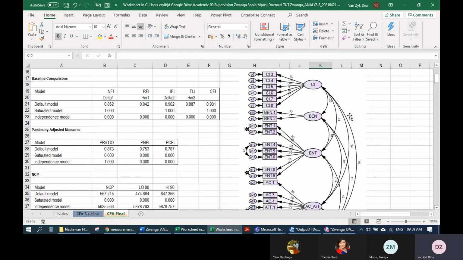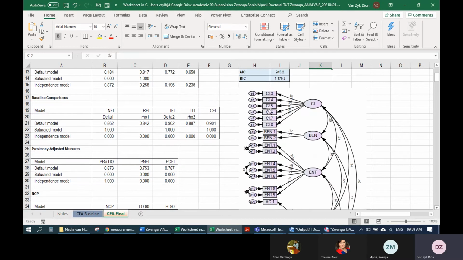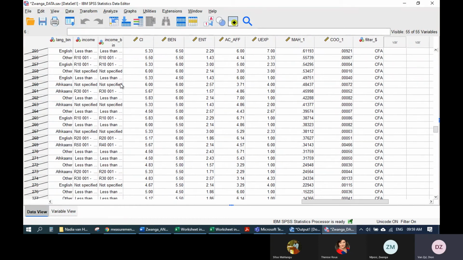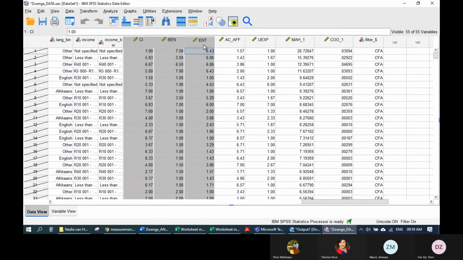And this now gives me the argument that if I add these items together and divide by the number of items, I can get a proxy variable for CI, which is exactly what I've now got in my database, which I can now go forward with.